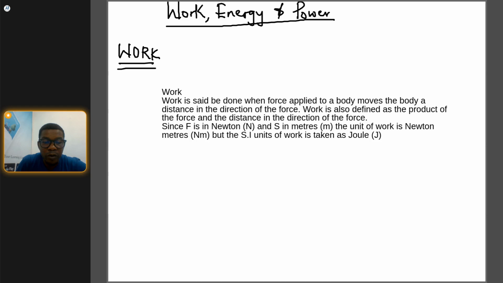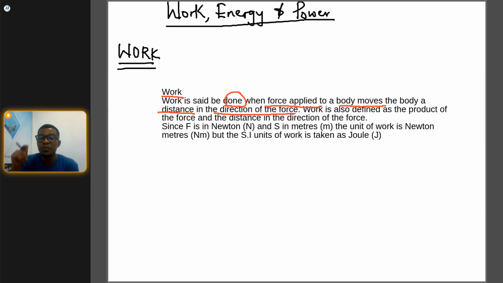Work is said to be done. Underline the word done. Work is said to be done when force applied to a body moves the body a distance in the direction of the force.